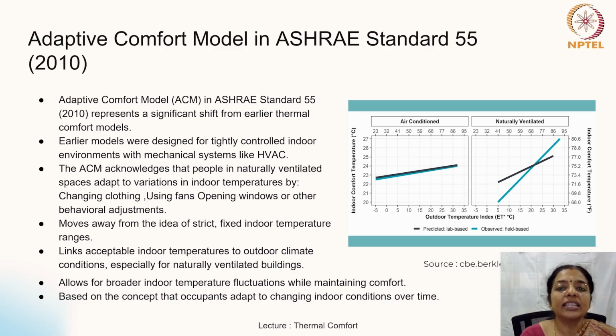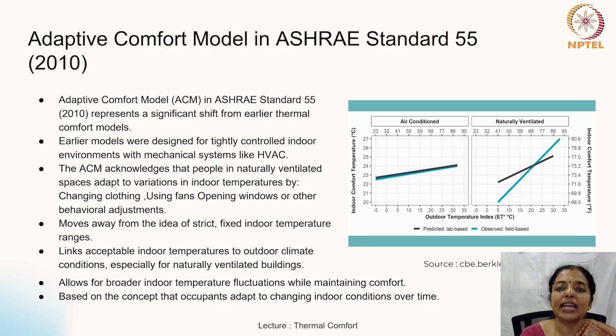However, these assumptions were not well suited to naturally ventilated buildings where indoor conditions fluctuate based on the weather and where occupants can take actions to adjust their comfort. In response to the growing emphasis on sustainable building design and the desire to reduce energy consumption, the adaptive comfort model was introduced in the 2010 revision of ASHRAE Standard 55.